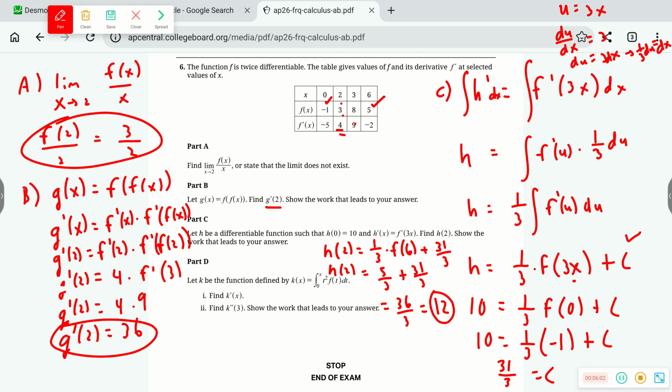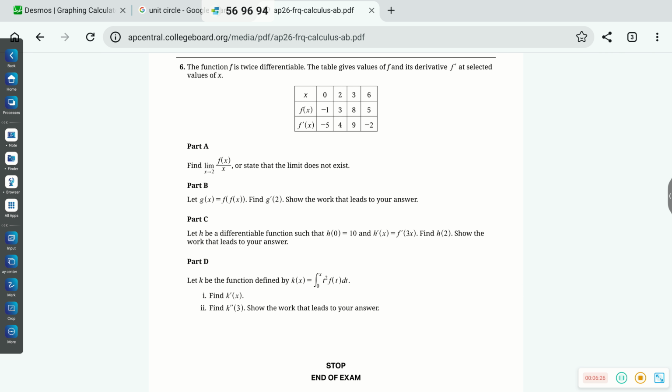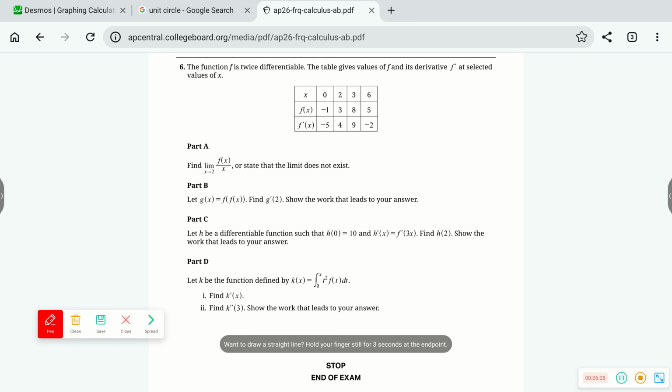I will finish with part D there. Part D says find K prime of x. Probably need some room, though. Now if I was taking the test myself, I'd check this over, but I'm just going to hope that's right. K prime of x. All right, let me just get rid of this. I need some room. I debated whether to check it, but I'm just going to not.